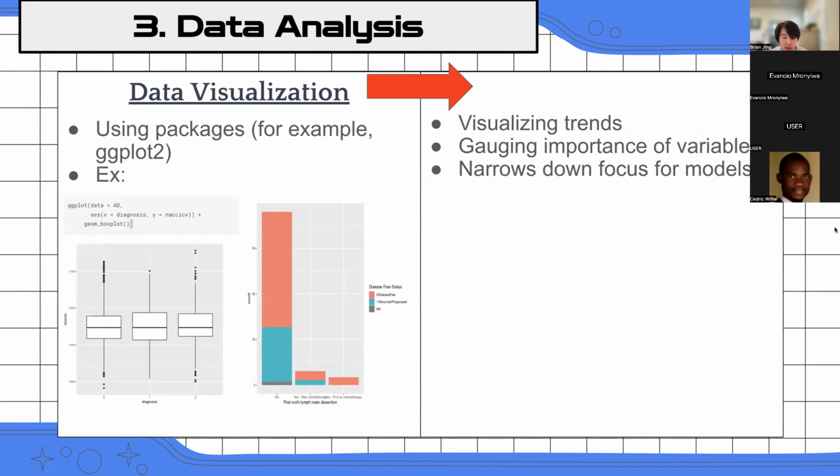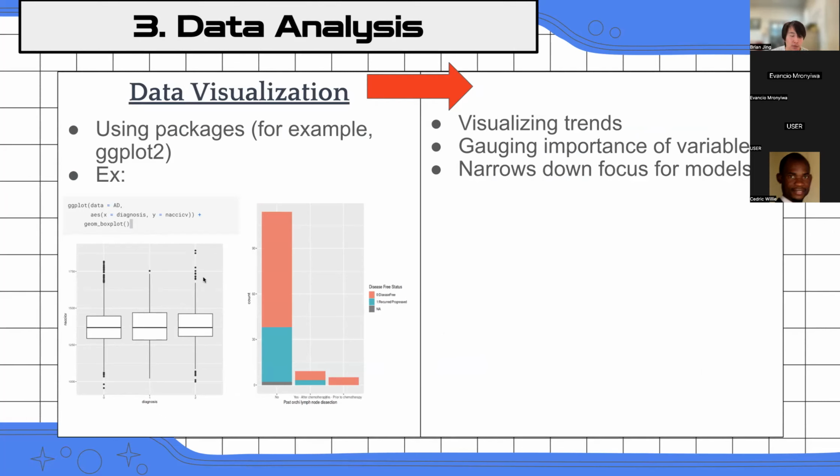You can see the trends much more easily, and it makes analyzing the data much easier. But you must do this for every variable that you want to look at. For example, let's say a research question was, how does brain volume affect Alzheimer's? This graph would help you do that a lot.